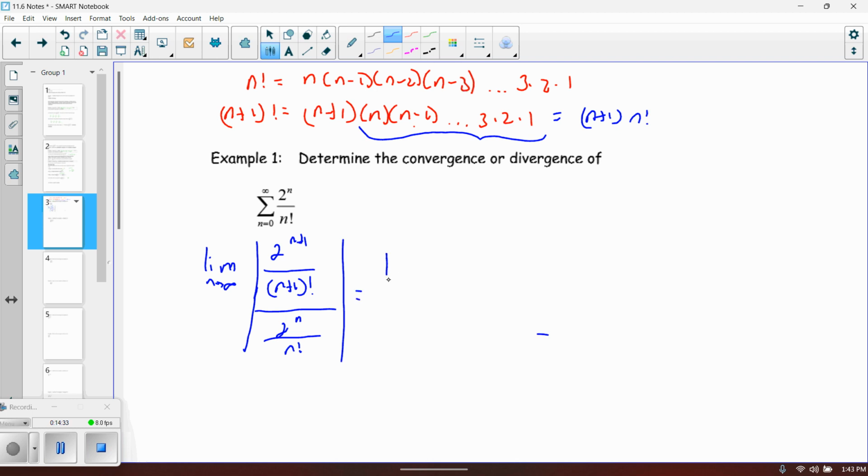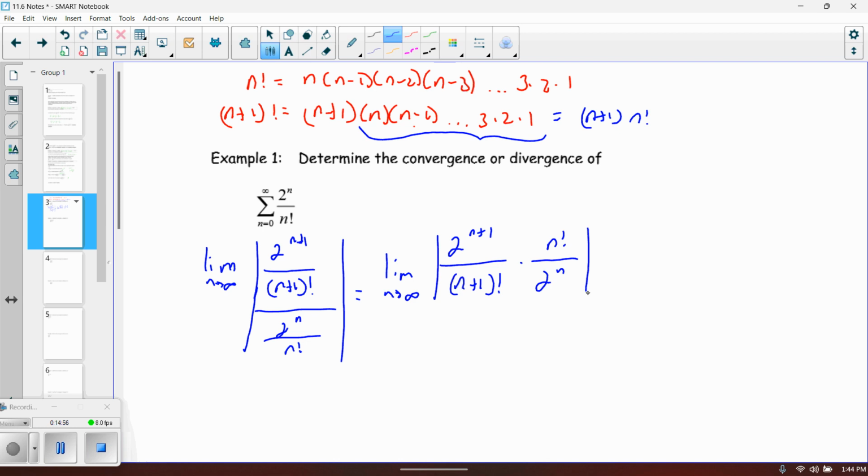So we're going to write this as the limit as n goes to infinity of absolute value 2 to the n plus 1 over n plus 1 factorial times the reciprocal of the denominator, which is n factorial over 2 to the n.